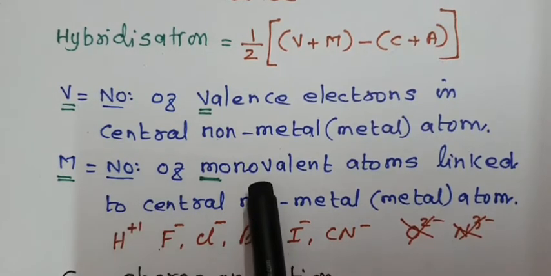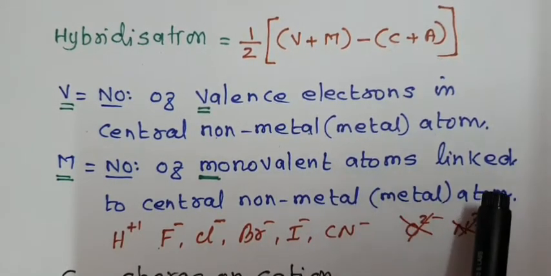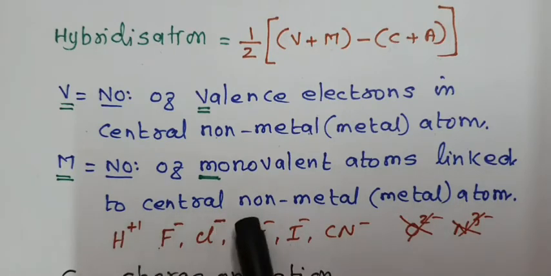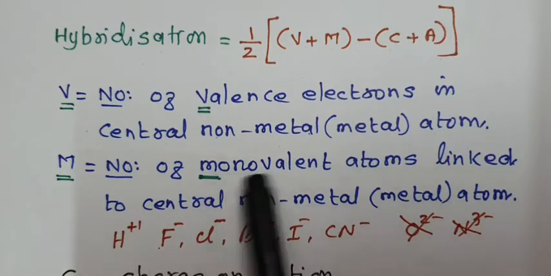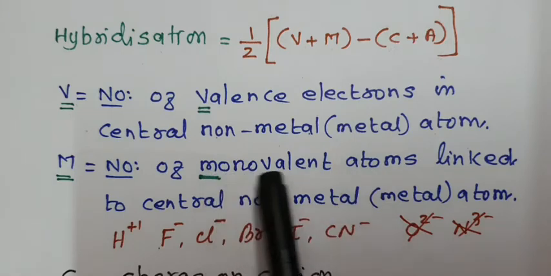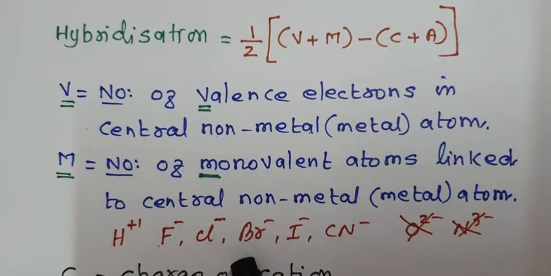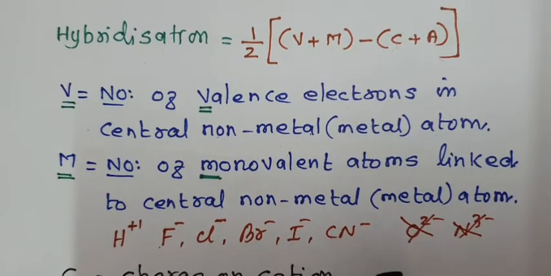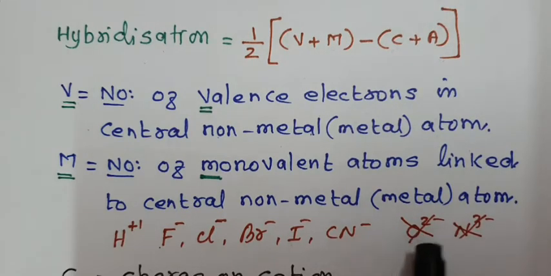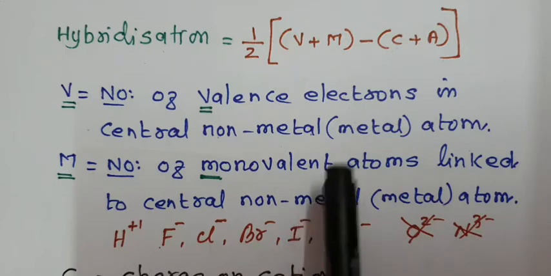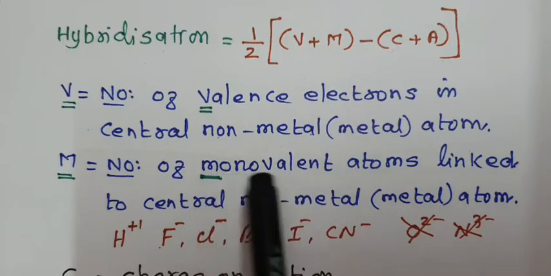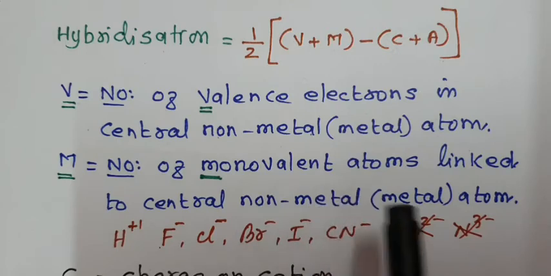Number of monovalent atoms linked to the central non-metal or metal atom. Monovalent atom examples: hydrogen, fluorine, chlorine, bromine, iodine, CN monovalent. But if oxygen and nitrogen are present in the given compound, the number of oxygen and nitrogen atoms should not be taken into the calculation.